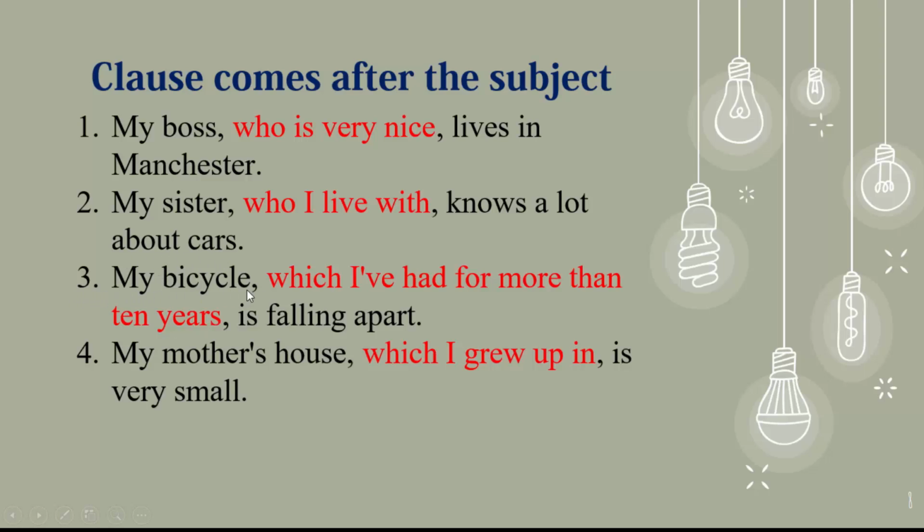Number 3, my bicycle, which I've had for more than 10 years. So which I've had for more than 10 years is the clause that explains my bicycle. It's falling apart. Number 4, my mother's house, which I grew up in, is very small. So which I grew up in explains my mother's house.